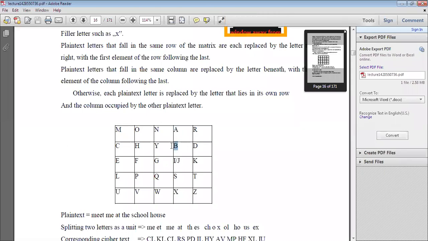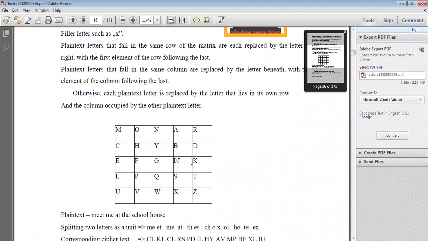B. So B is placed here. Then check C. C is already in the key, so skip it. Next letter is D. So D is placed here. Then E, then F, G, H. H is already a letter in the key, so skip that H.